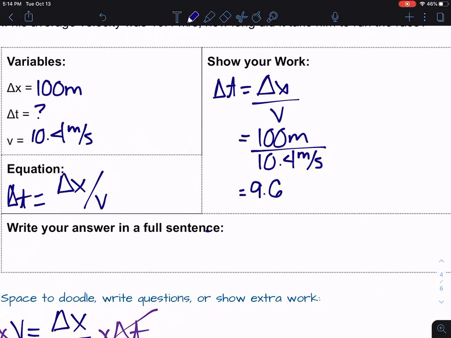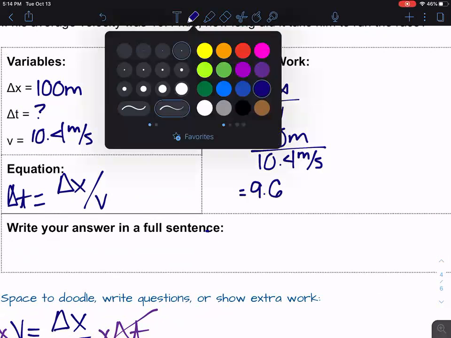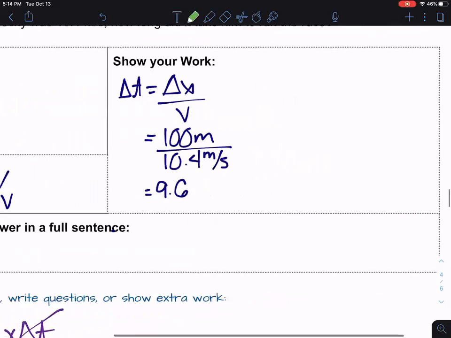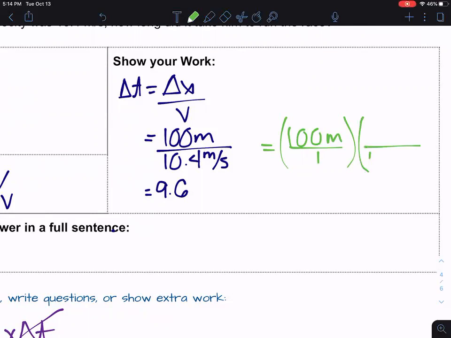Okay, my units are a little complicated here. My unit is not meters per second. Because I have the seconds that's under 2 fraction bars, I'm going to write this in a different color just so you know it's different. This is the same thing as saying 100 meters over 10.4 meters per 1 second.